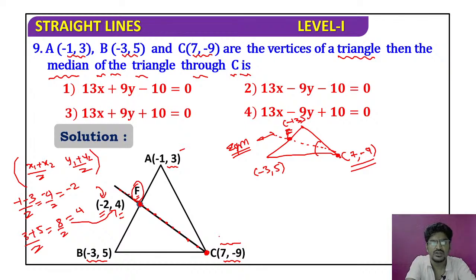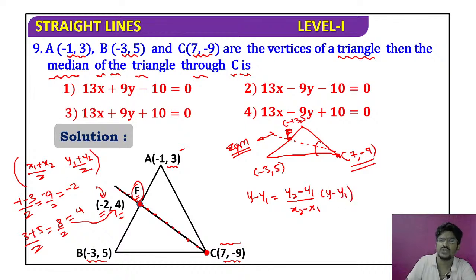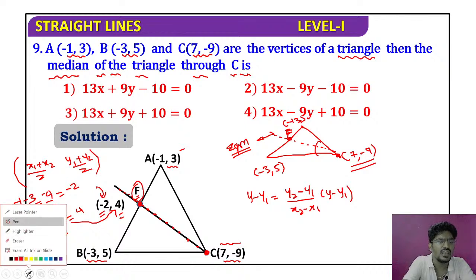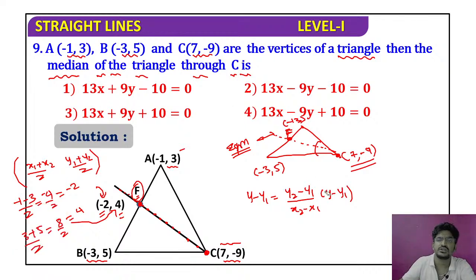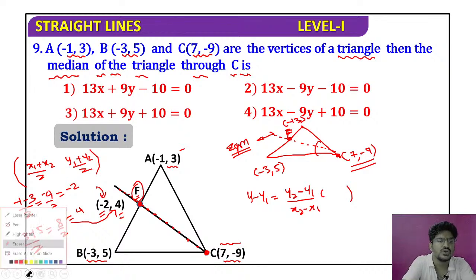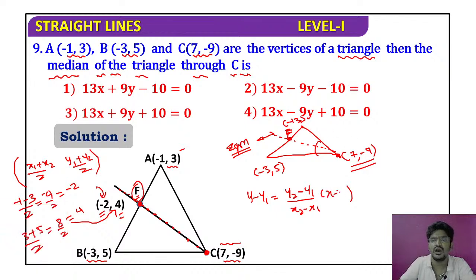To find the equation of that line, you can use the formula y minus y1 equal to y2 minus y1 divided by x2 minus x1 into x minus x1. That is the 2-point form of a line passing through 2 points. So now you have to use this equation and find your answer.